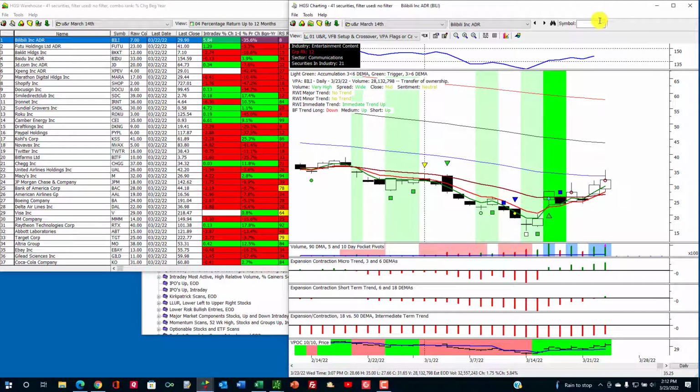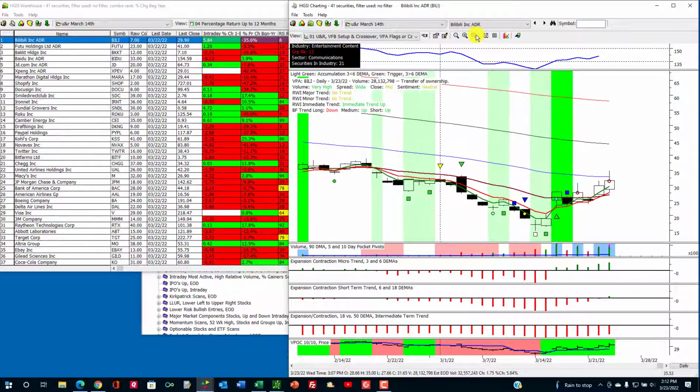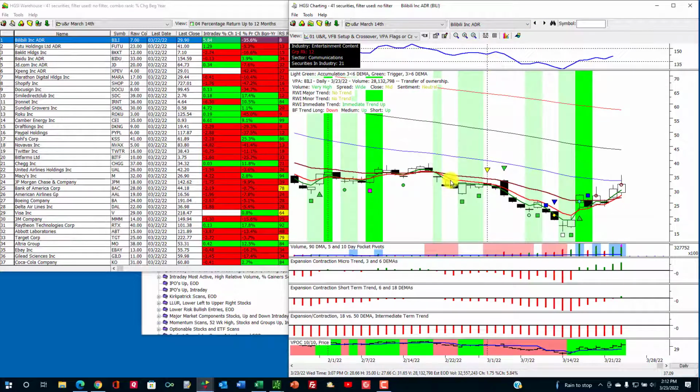I don't want to spend a whole bunch of time here, but this is my undercut and rally chart. You can see these stocks were clearly in a downtrend, but you can also see, and this is on the 14th, this is the 14th, this is the 15th.